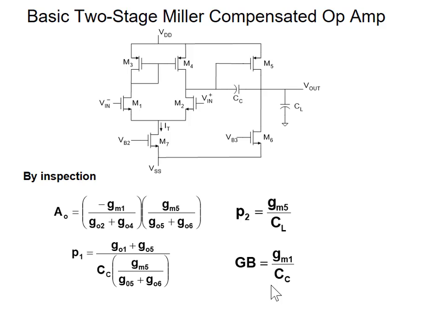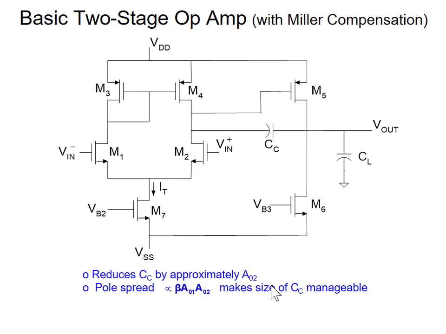So if you look at this structure here, this is now not just using a common source amplifier, but a fully differential stage. We can still do this by inspection as well. If you look at the DC gain, we calculated the DC gain of this stage before and the stage before, so we can write that down by inspection.